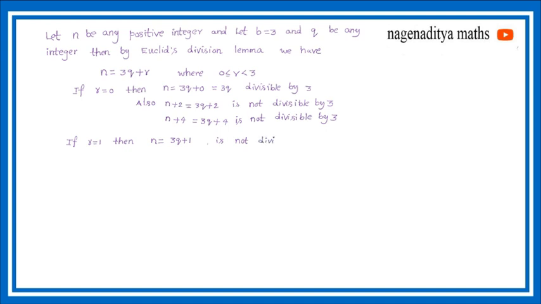So now adding 2 on both sides, n plus 2 is equal to 3q plus 1 plus 2, that is equal to 3q plus 3, so it is divisible by 3.